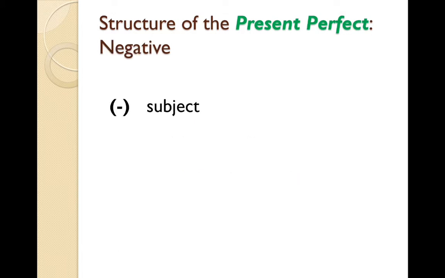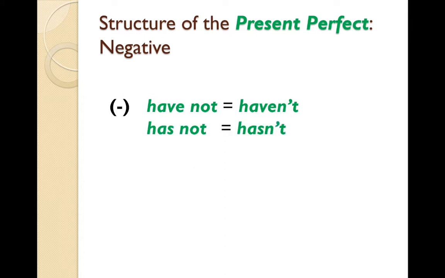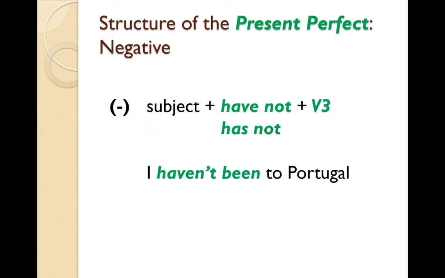For the negative, we use the subject plus have not or has not plus the past participle. Have not can be contracted to haven't, and has not is contracted to hasn't. I haven't been to Portugal.